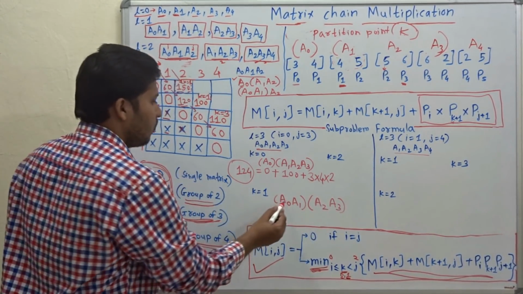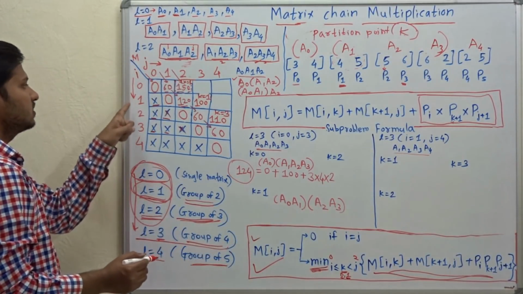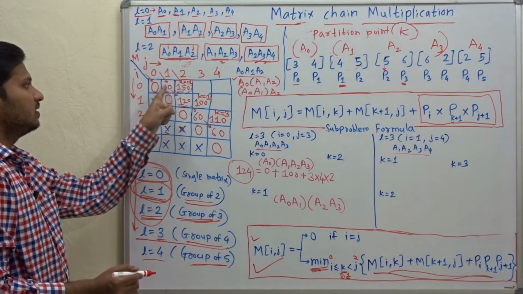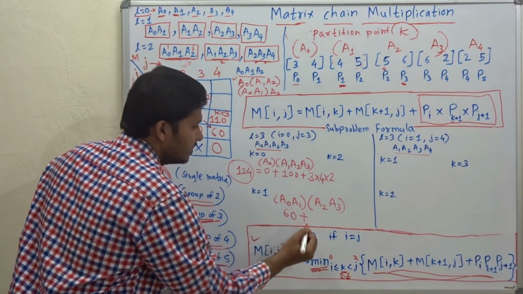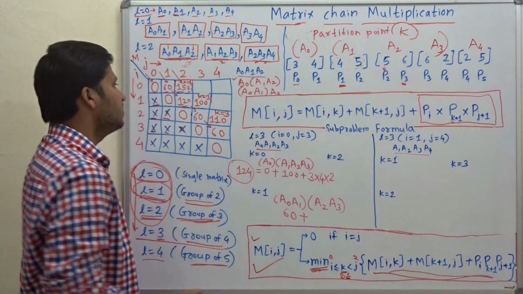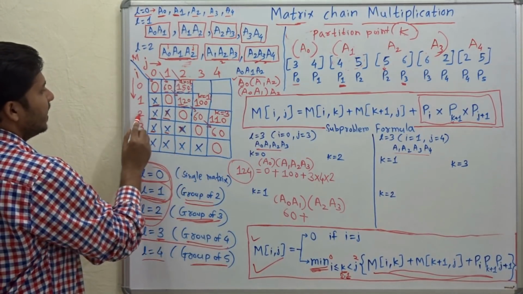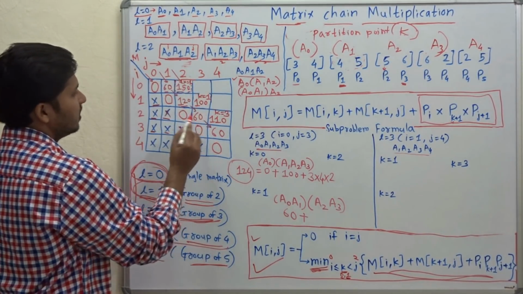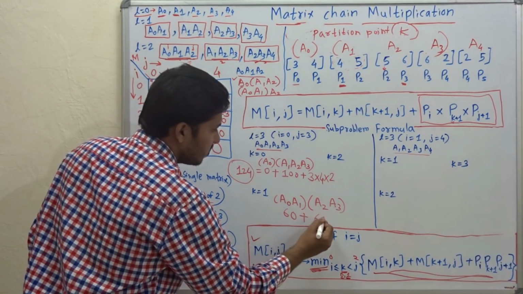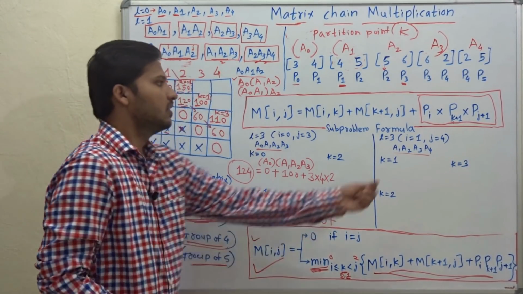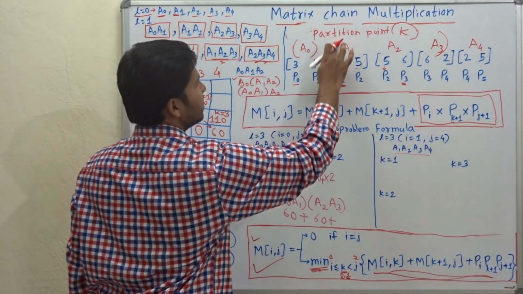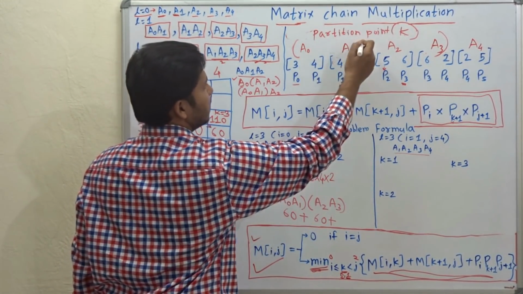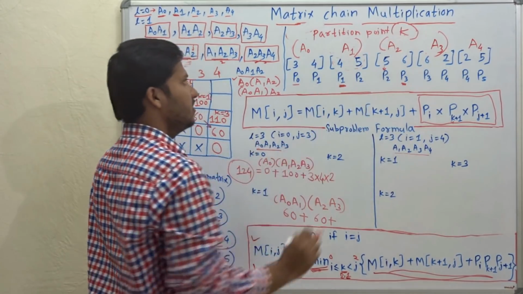Now, what is A0, A1 cost? 0 to 1 means 60 is the cost. Plus, what is A2, A3 cost? Again that cost is also 60 plus this factor. So A0, A1 and A2, A3 are the two partitions.